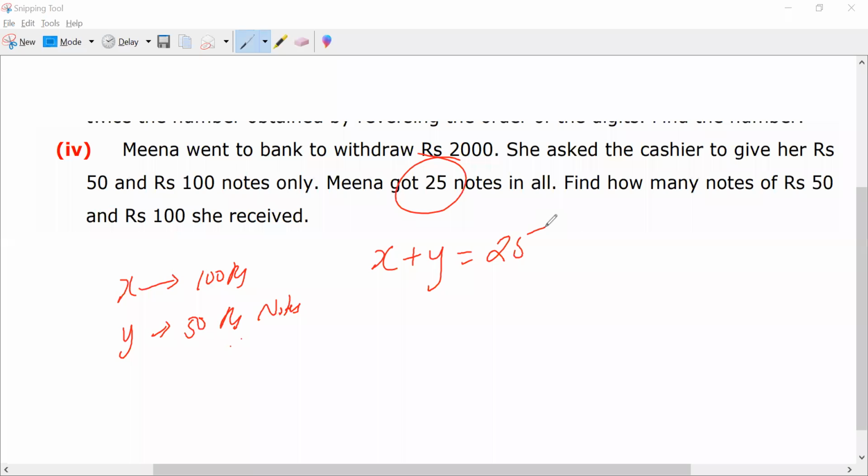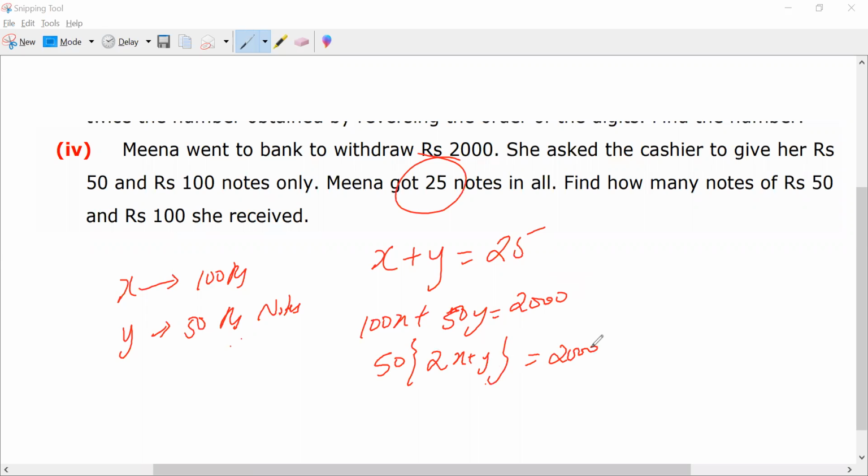So 100 rupees notes is 100x, and 50 rupees notes is 50y. This should be equal to 2000. If I take 50 outside as common, I'll get 2x plus y is equal to 2000.